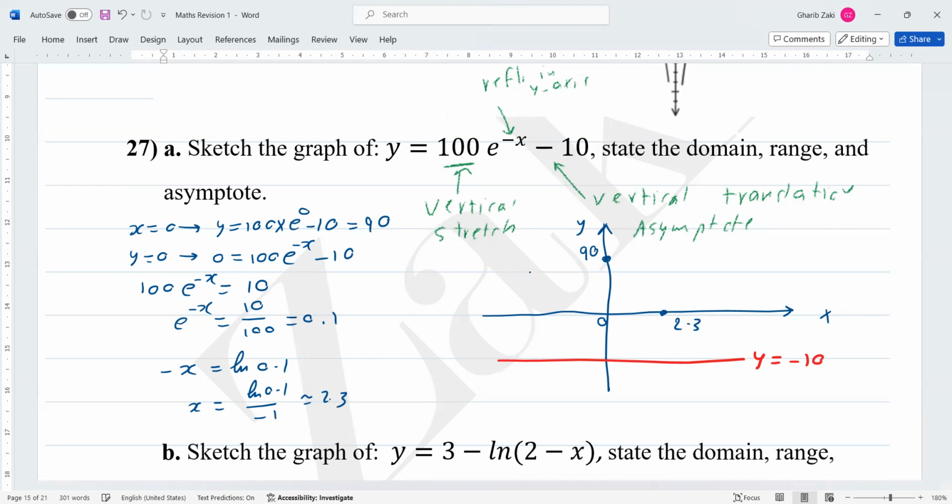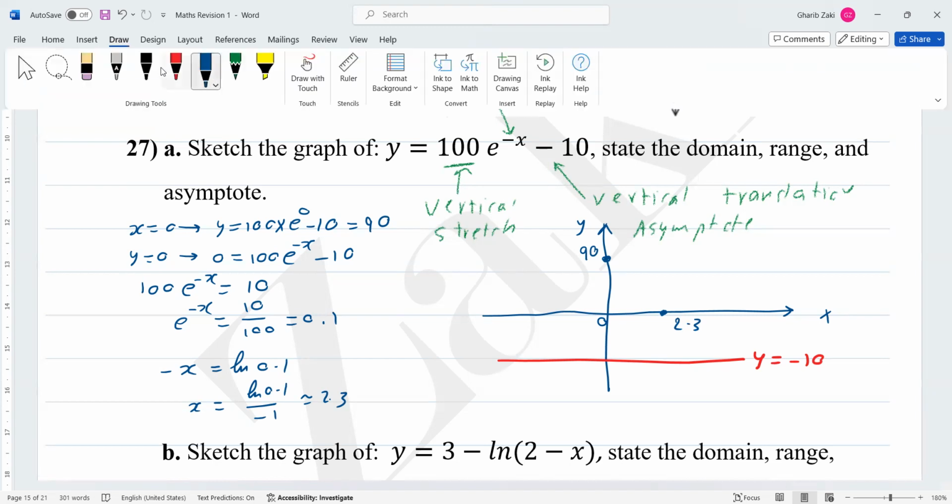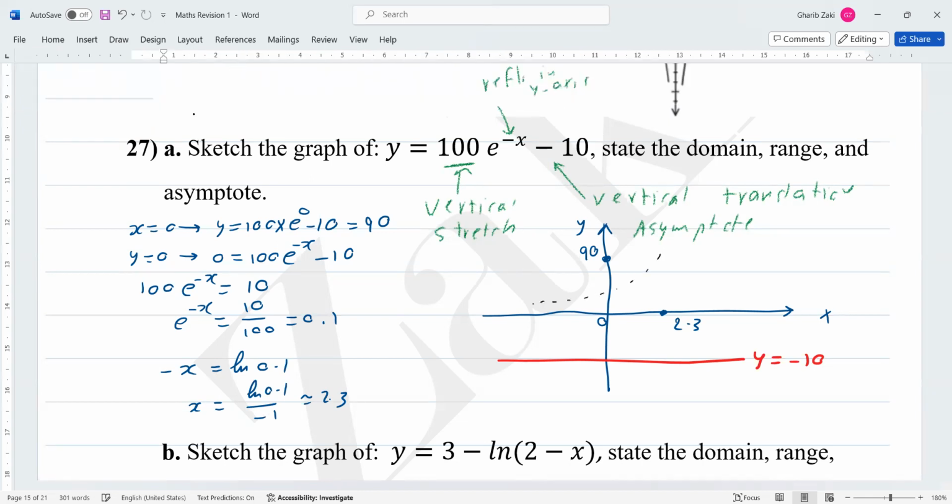Now we draw the curve. So the curve here, we say it is reflection in y-axis. The first curve, e power x, this is e power x. When you reflect it by y-axis, it comes like this. But here we have transformations. Then the curve looks like this. Okay, here.